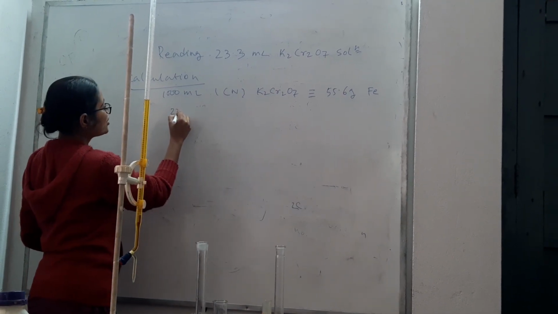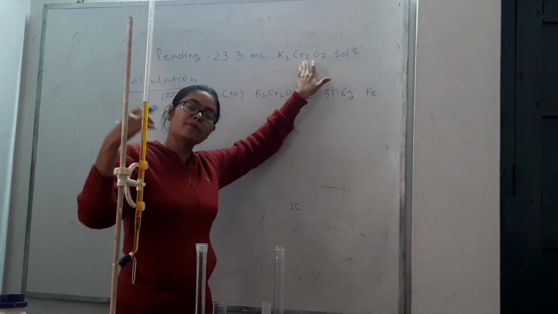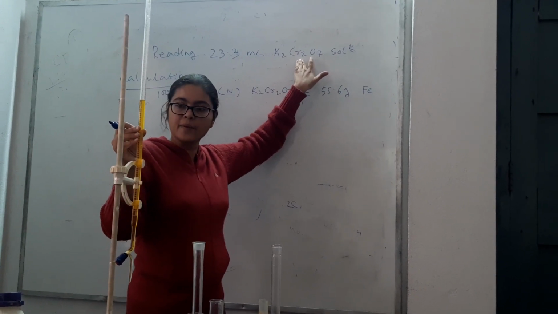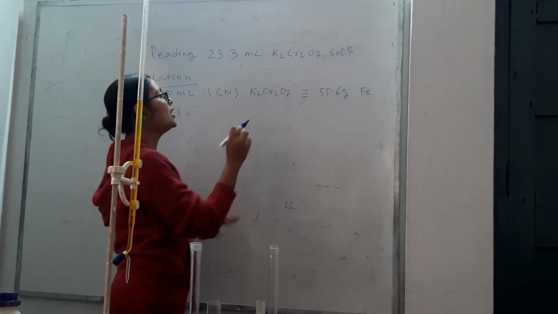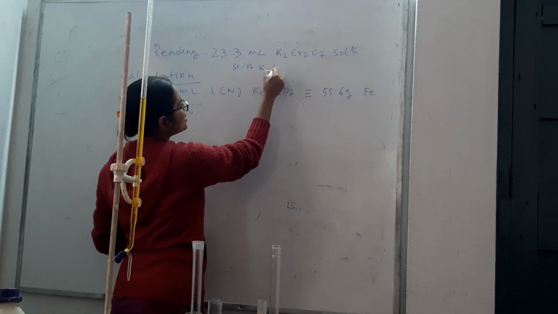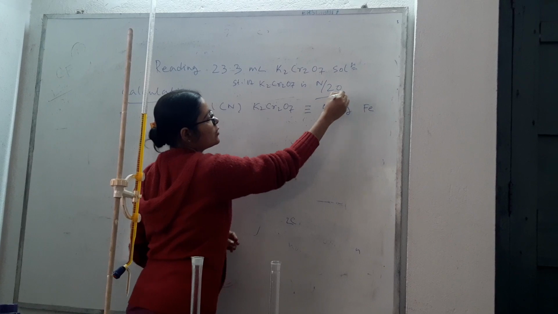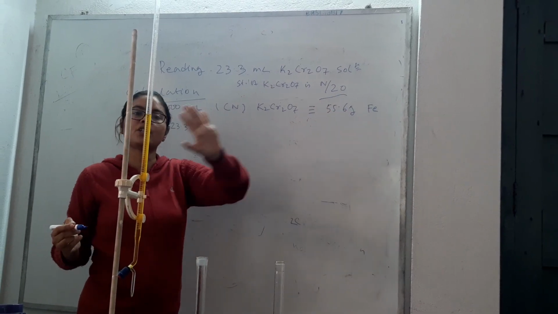So our reading is 23.3 ml, and I said at the very beginning that we are using N/20 K2Cr2O7. The strength of K2Cr2O7 is N/20.